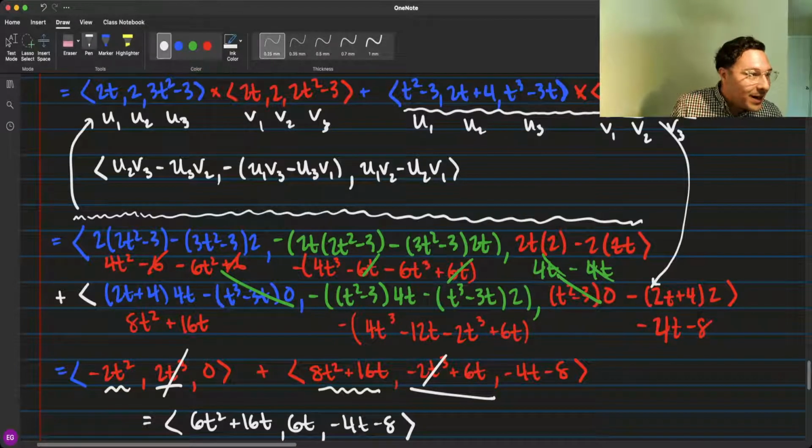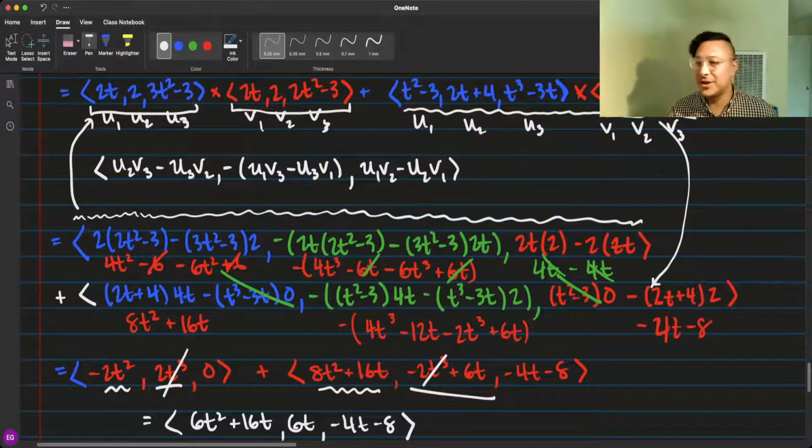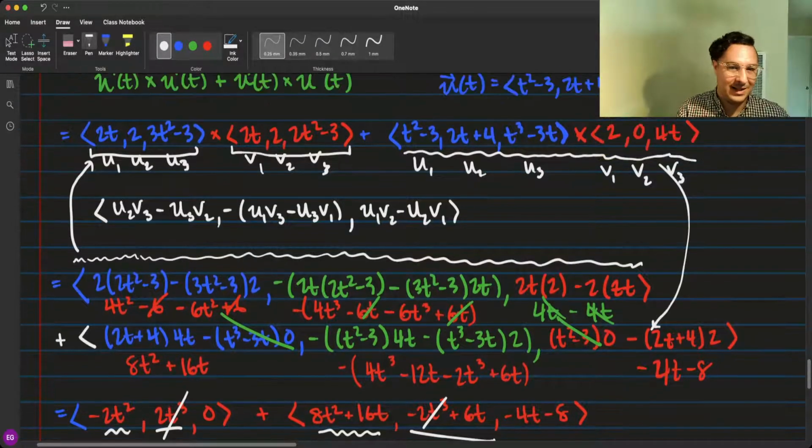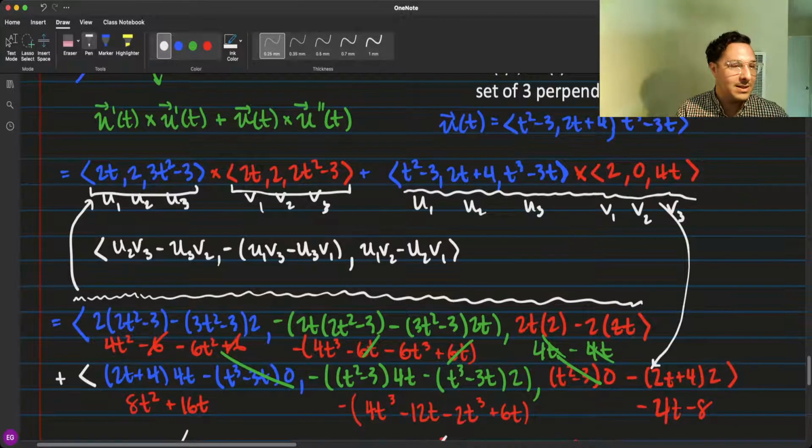These two things right here are u prime crossed with u prime, which means they should be the same. They both have 2t, they both have 2, but look what I messed up: the third component. We have to go back and change that, because I wrote it down wrong. They're both supposed to be 3t squared minus 3.